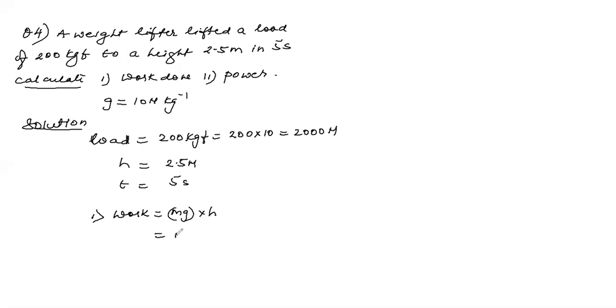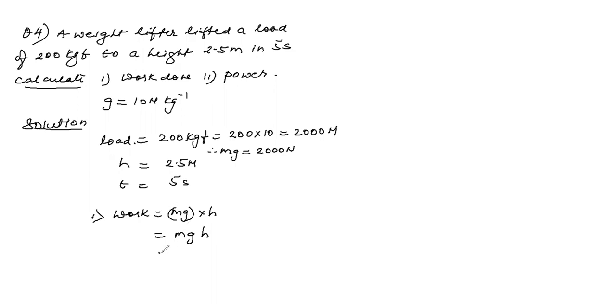So always remember mgh. So here, try to understand, this load is your mg. Got it? The load, therefore I'll just put it like this, m into g equals 2000 Newton.